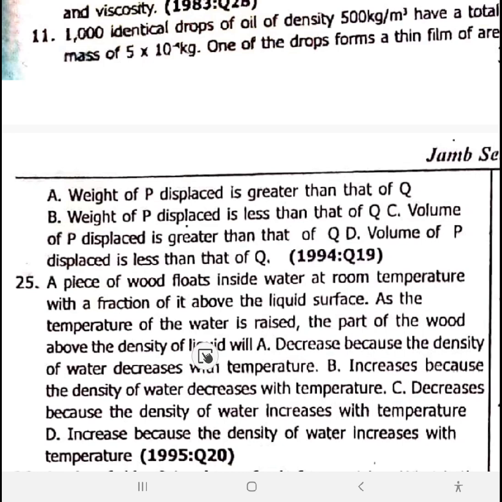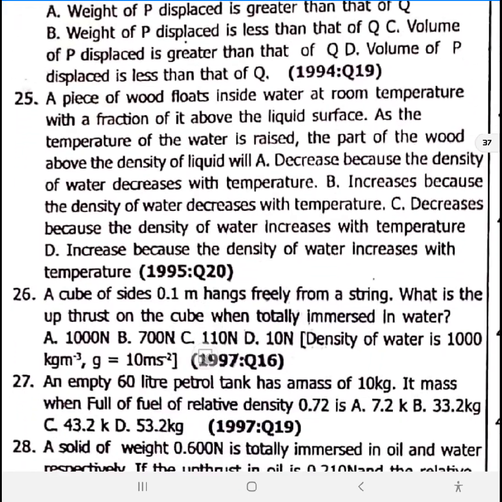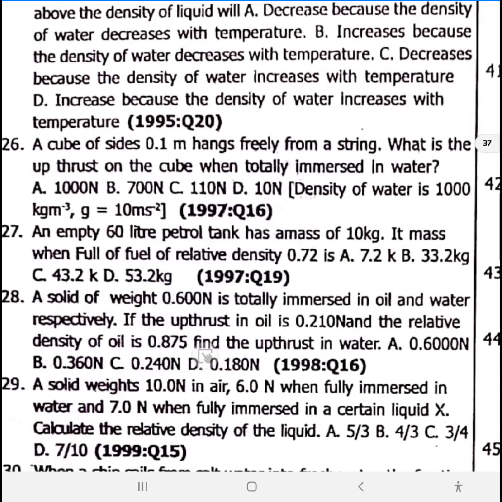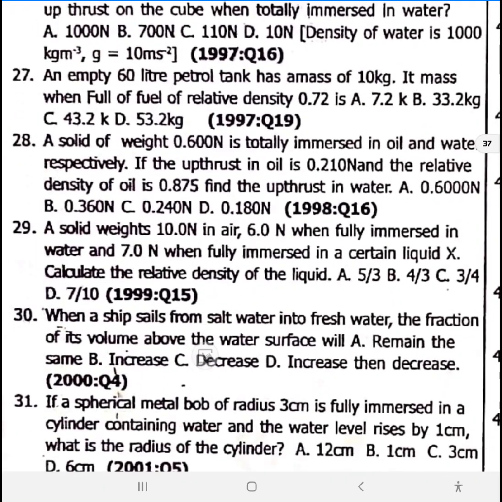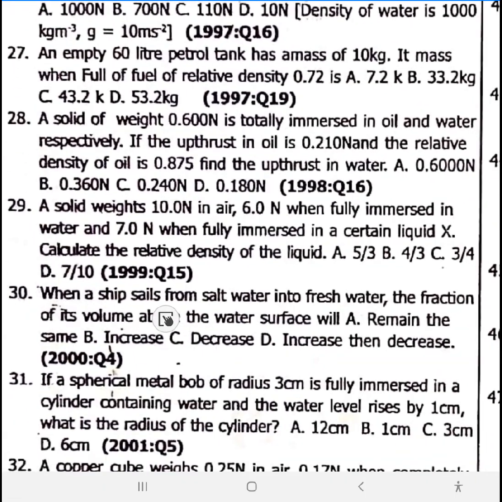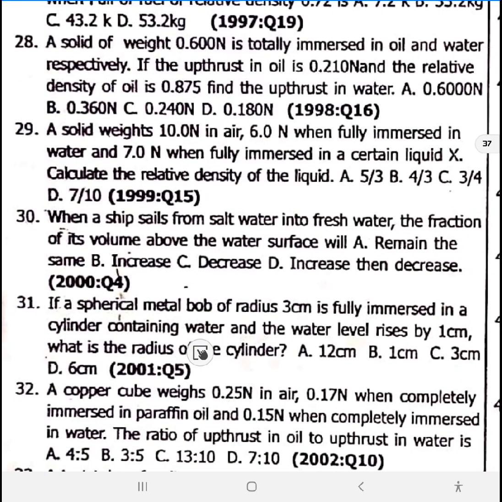Note, the density of water decreases with temperature. So we've got that cleared. Then 26, 27, 28, 30. When a ship sails from salt water into fresh water, what will happen to the fraction of its volume above the water surface? It will decrease. That is option C.